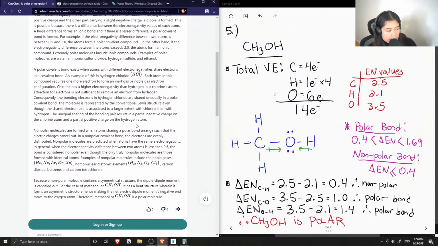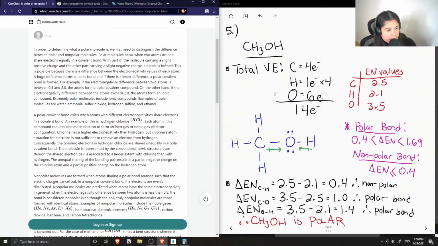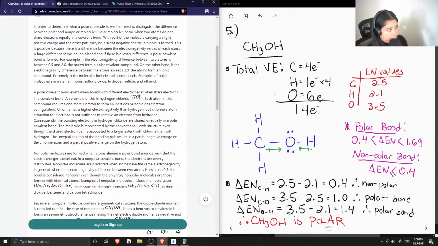Okay, so the junior tutor has a pretty lengthy description, so let me just try to graze through it. Okay, so they describe the difference between polar molecules and nonpolar molecules, and how you can find the electronegativity difference between the two atoms.